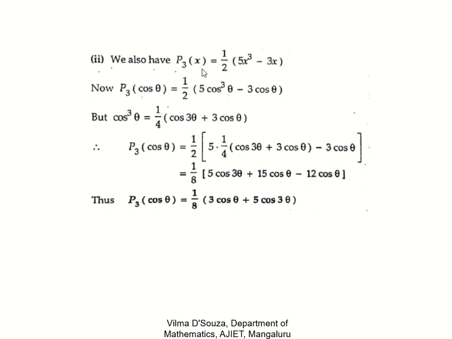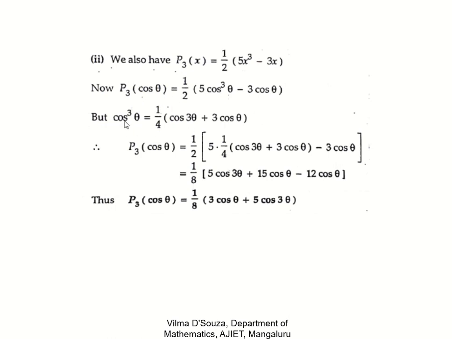So you have p3 of x is equal to 1 by 2 into 5x cube minus 3x. This already you know the expression. Now p3 of cos theta is half into 5x cube, what is x? X is cos theta. So cos cube theta minus 3 into cos theta. Substitute for x as cos theta.